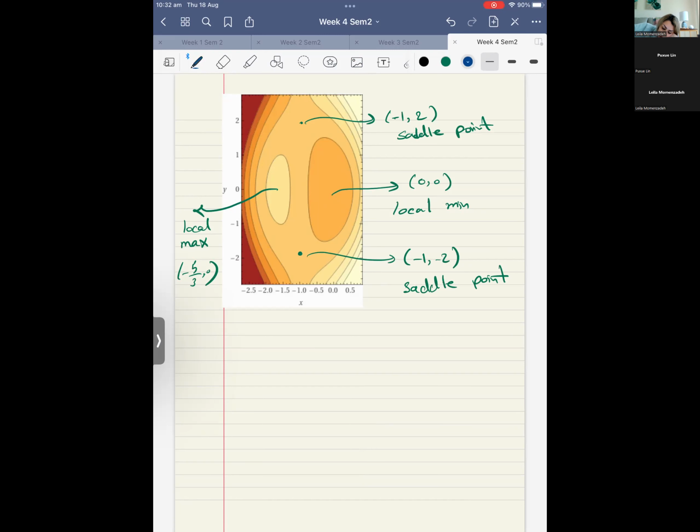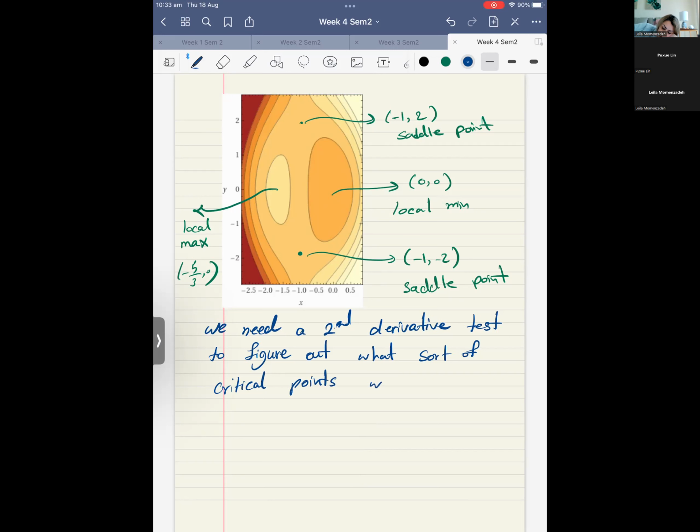And if we need a second derivative test to figure out what sort of critical points we found, to show that it is the local maximum or local minimum without using the graph.